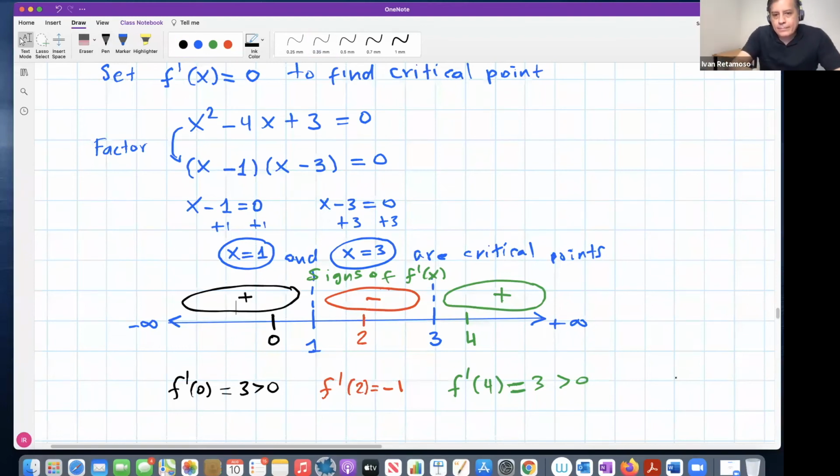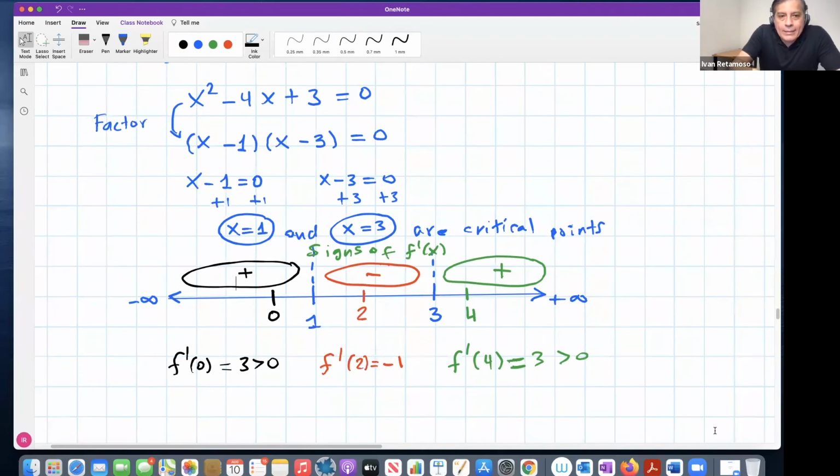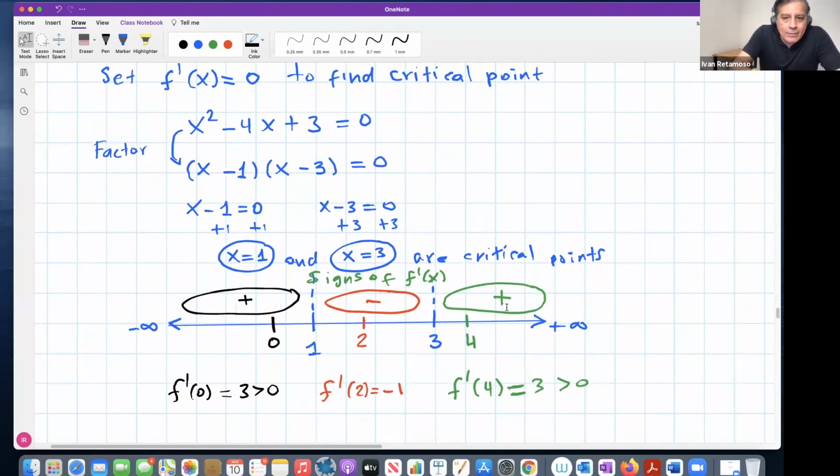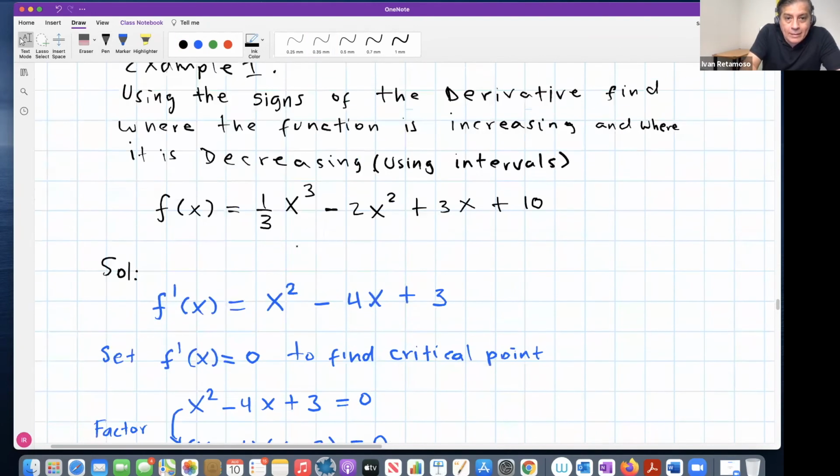And I want you to catch this, guys. It's very good to catch patterns. Look, I started with a positive derivative, then negative, then positive. They switch. This is a very common thing when you work with the signs of the derivative. They switch, especially when the polynomial function is of odd degree, which is the case here, degree 3.